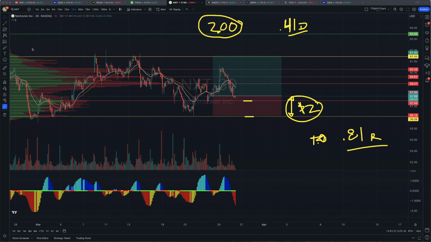Again, let's just say you have 5 contracts right now, but your total risk parameter is, let's say I'm willing to risk $200 per trade.